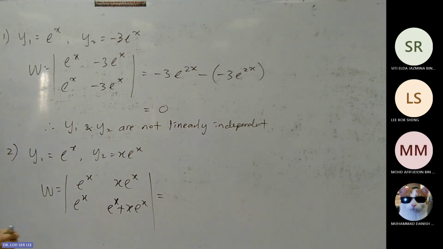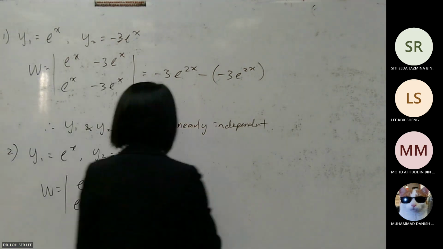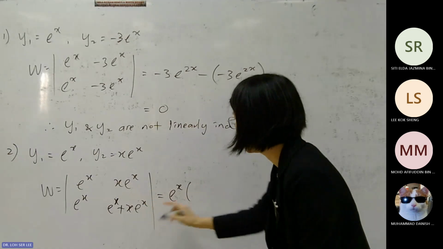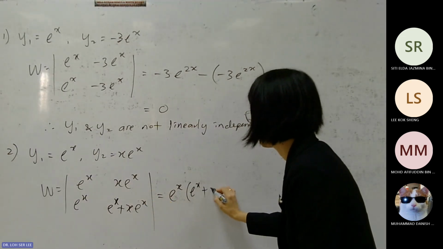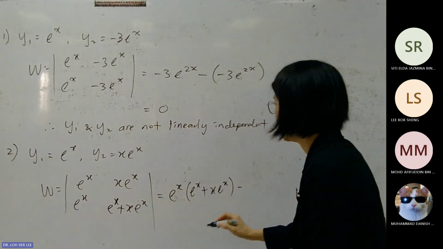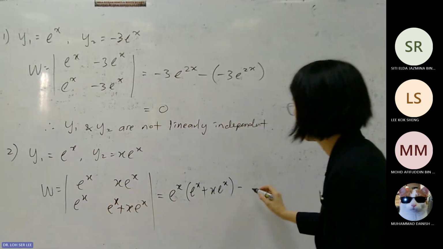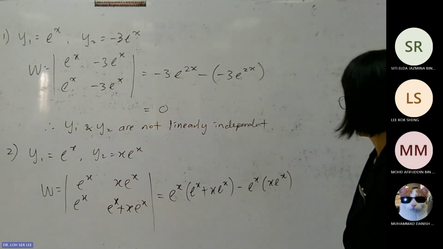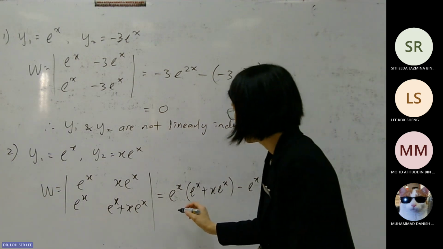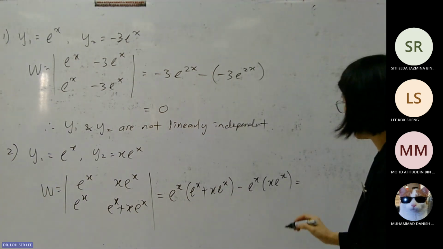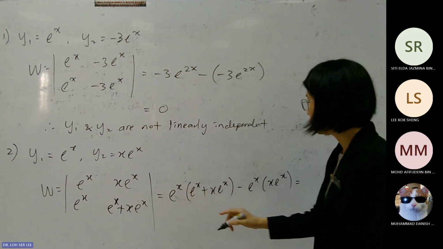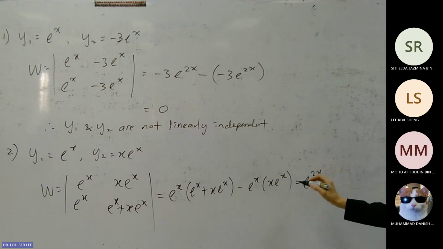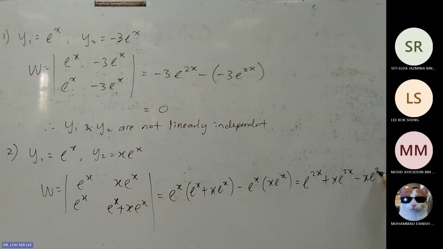Okay, so AD minus BC. This one, we get e^2x plus x e^2x minus x e^2x.